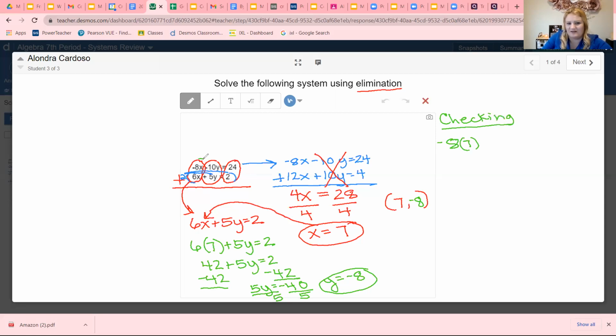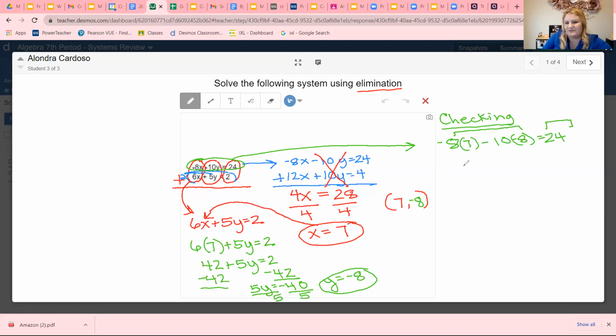I'm going to plug in the X and the Y. So I have -8 times 7 minus 10 times -8 equals 24.